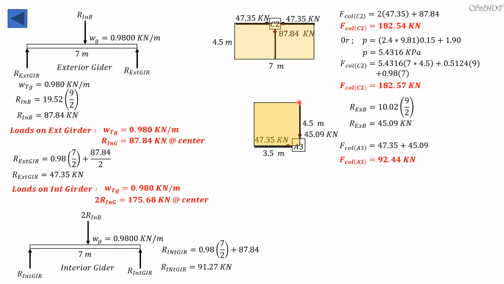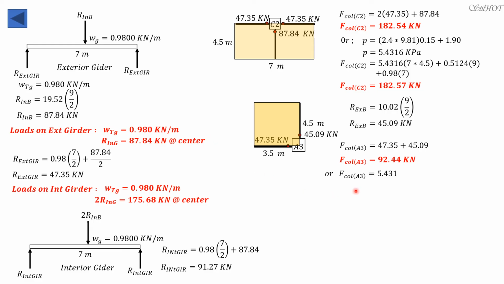So the weight of beam 0.5124 times 4.5, plus half of the weight of the beam: 0.5124 times 4.5 divided by 2, because the other half will be distributed to the next beam here. This is one whole beam, but the other half would be transmitted to column A2. We have column A2 here.